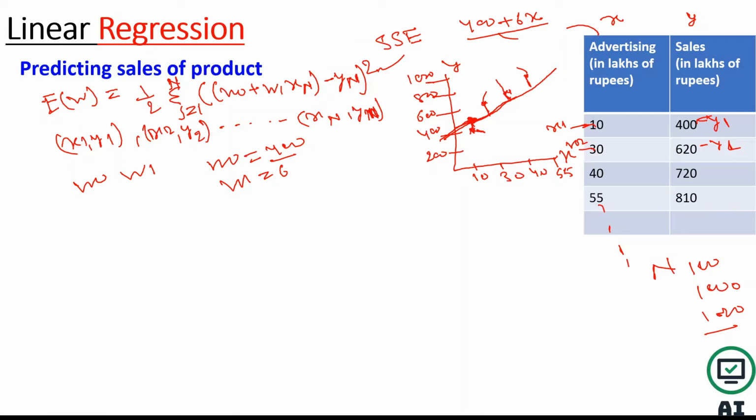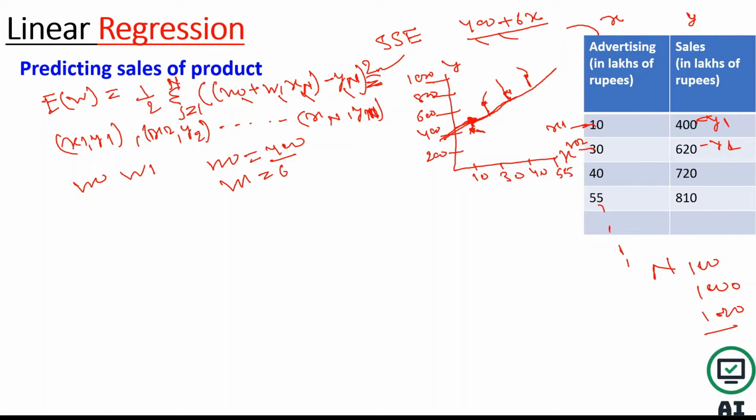We can calculate this expression by putting in W0 and W1, and we can say that the error given by this line is going to be this summation. If you put in W0 and W1 and the data points which are given to us in xn and yn, the result that comes out of this summation is the error given by this particular line.